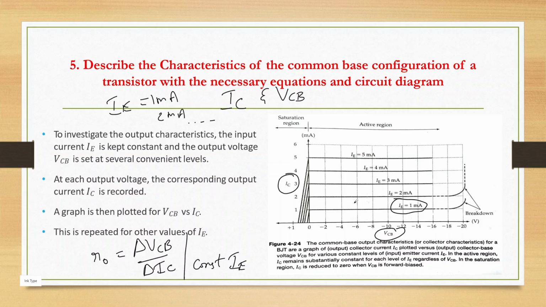The output characteristics are divided into three regions: saturation region, active region, and the cutoff or breakdown region. In the saturation and cutoff regions, the transistor works as a switch, that is on condition and off condition.